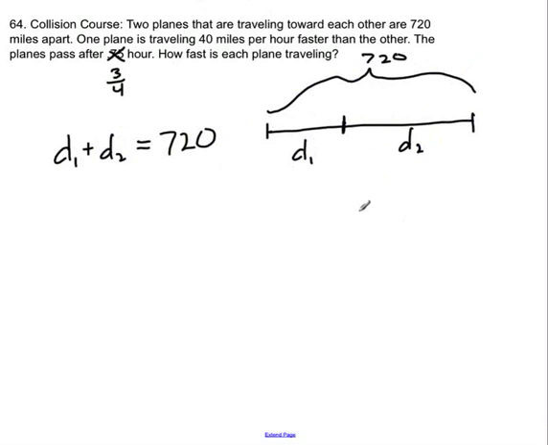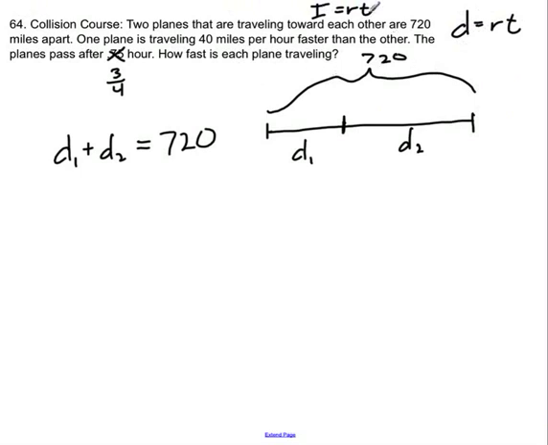Now, anytime we're dealing with distance, we're going to have this in the back of our head: distance equals rate times time. It's just like that last one, which was interest equals rate times time. By the way, if you are having a problem on question 63, this video will help.